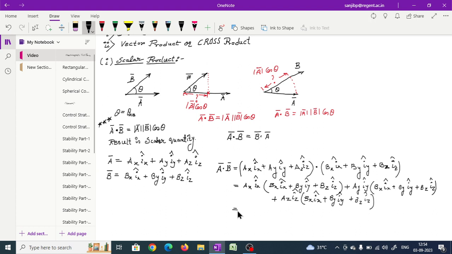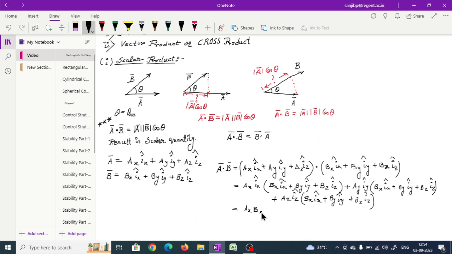Now if we want to multiply here, what do we have to do? In the previous class I already mentioned that between the unit vector products there is a law: ix dot ix equal to 1, but ix dot the others, whether iy or iz, will be 0. So there is no question to wait. Ix dot ix has a value, so you will get only ax bx.